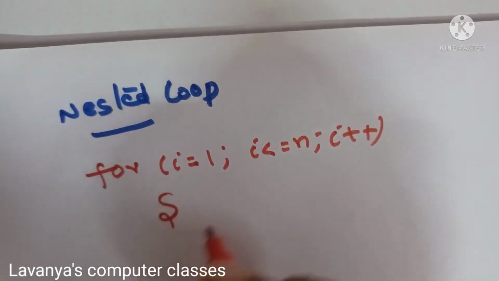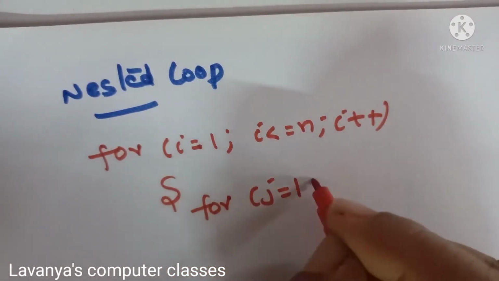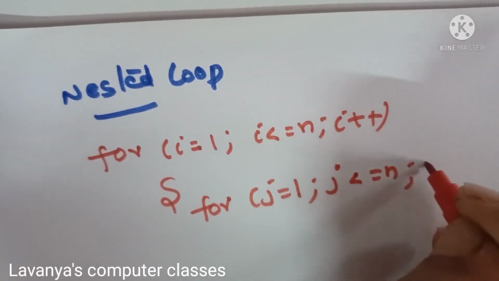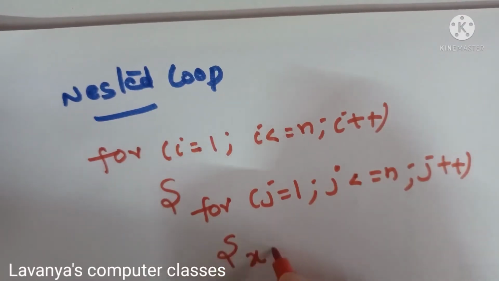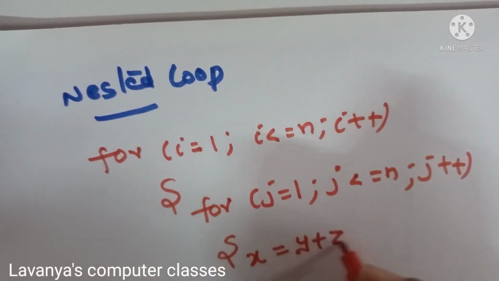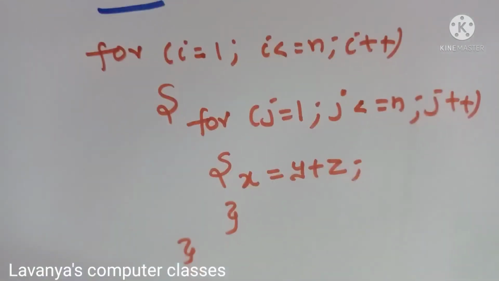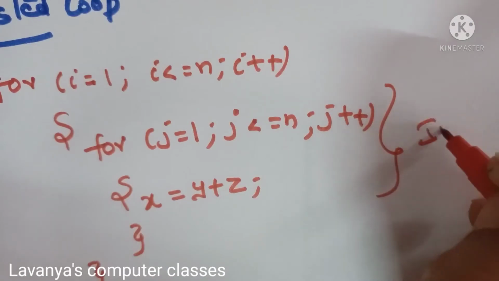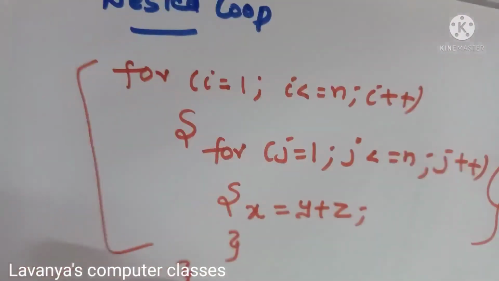Inside I will write one more loop, that is for j equal to 1, j less than or equals to n, j plus plus. This is the inner loop. Then I will execute one line, that is x equal to y plus z. So for this, how much time do we require for executing these lines? Now I will tell you. So j is called the inner loop, i is called the outer loop.